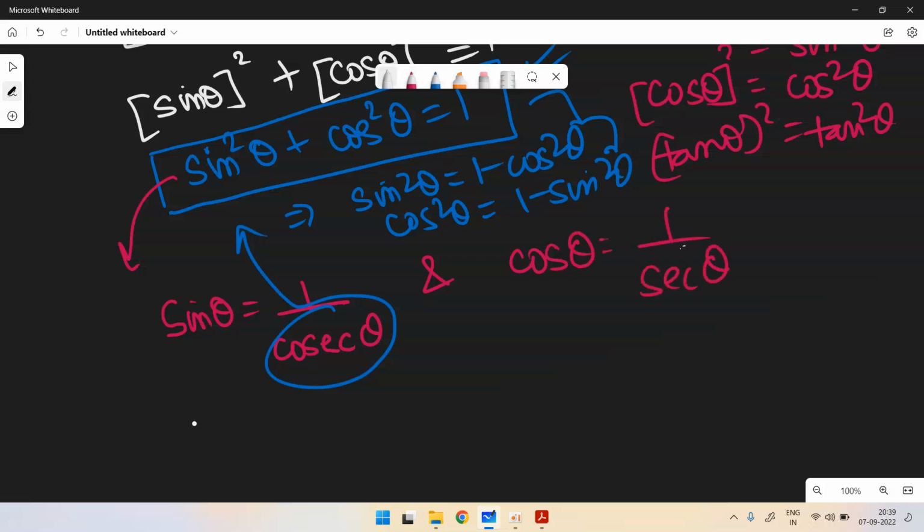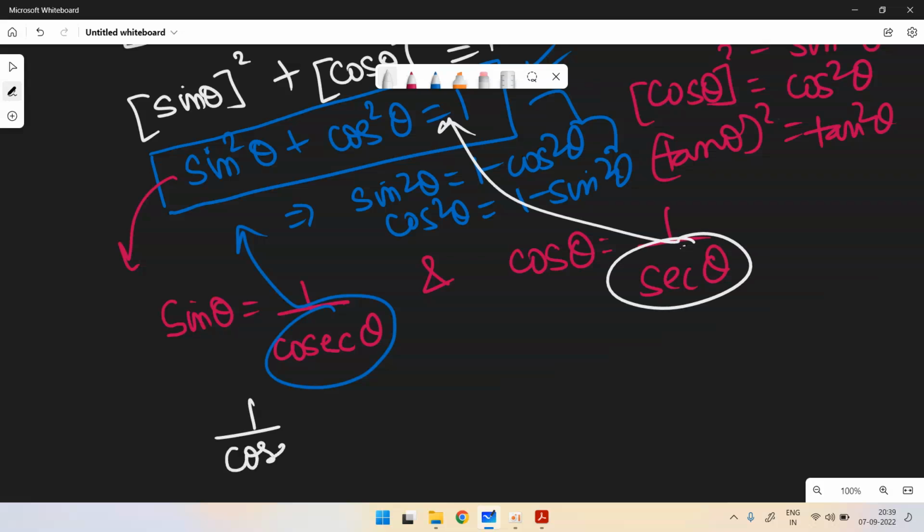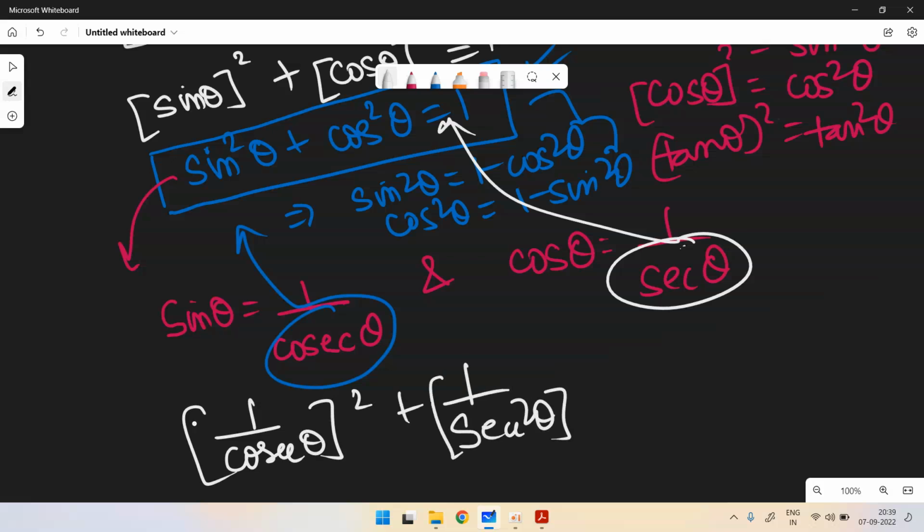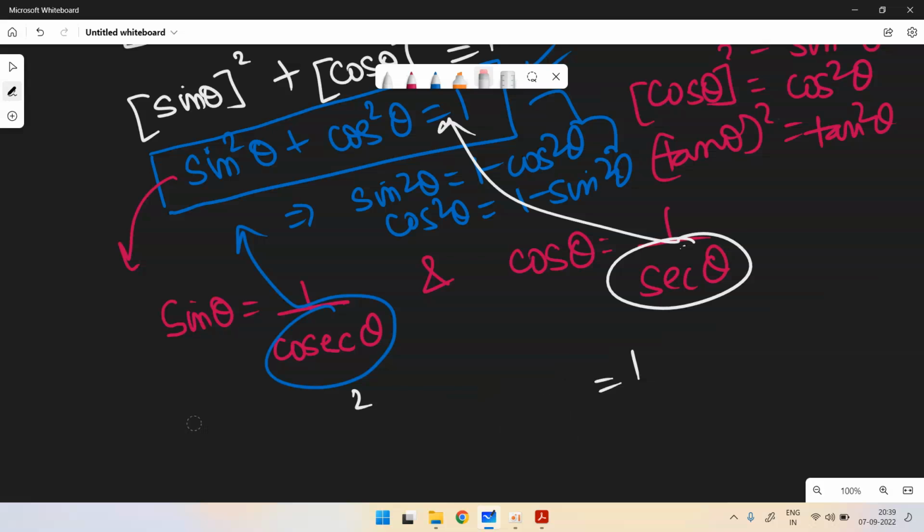If I substitute this in the expression, cos square theta is equal to cosecant theta whole square plus 1 by secant square theta whole square equal to 1. No, forget this thing, this will become complex.